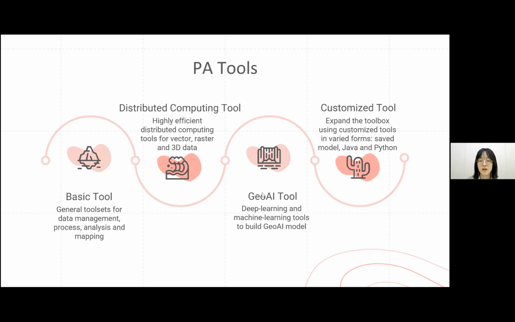Okay, so here we just talk about GeoAI tool. It contains the deep learning and machine learning tools we designed for object detection from satellite images, and also it contains tools for some advanced applications of video map.